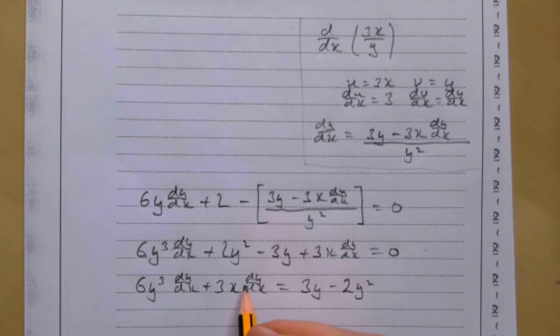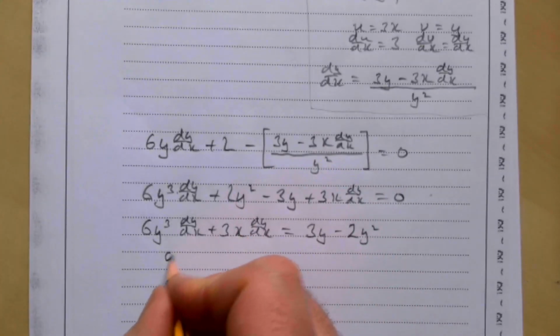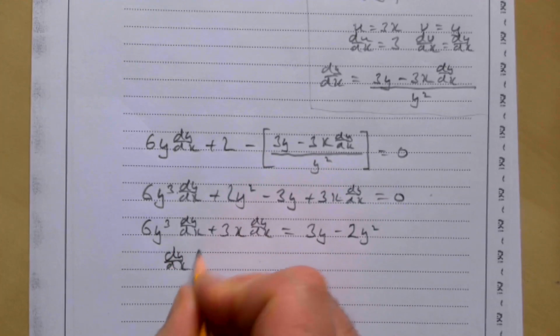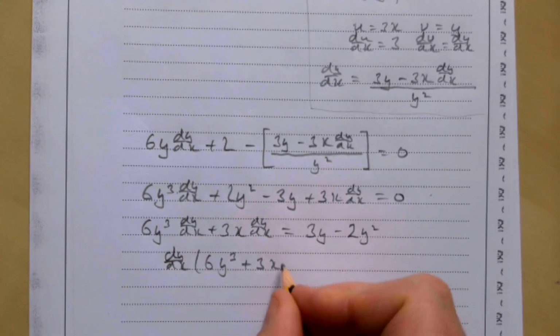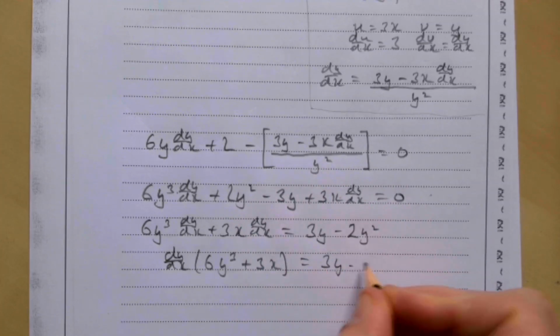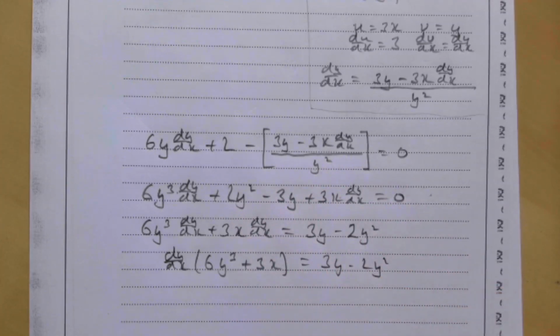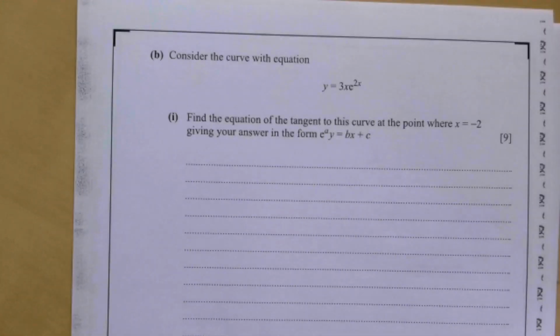I now factorise out the dy by dx, and divide by the bracket, and that's me done. That's us. On then to part B.